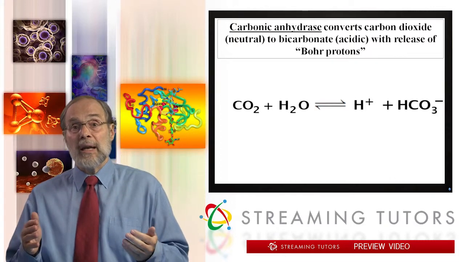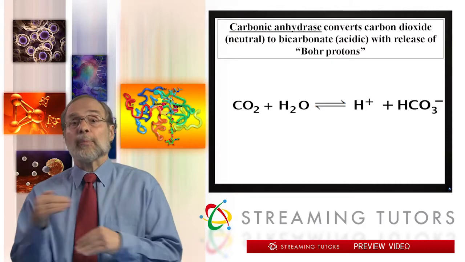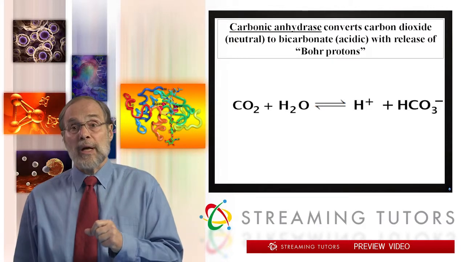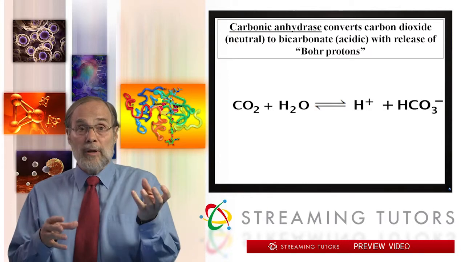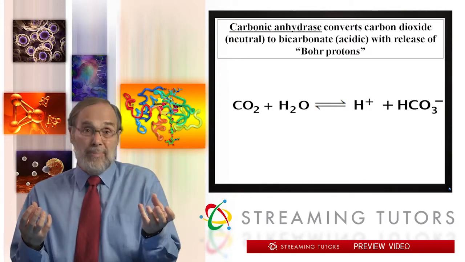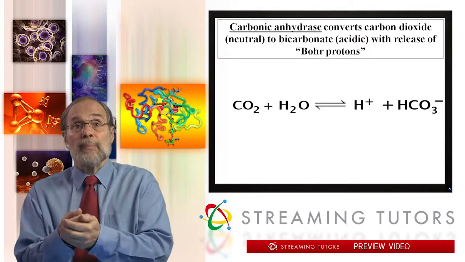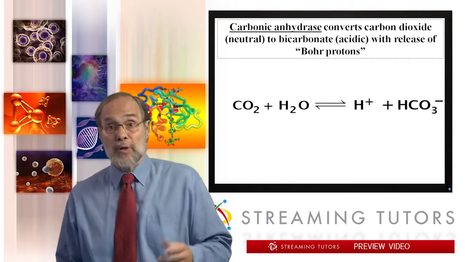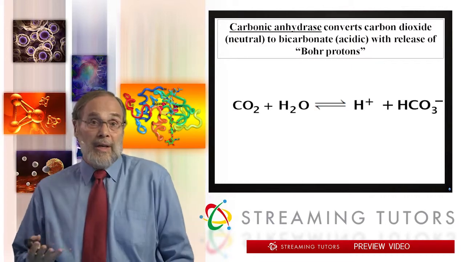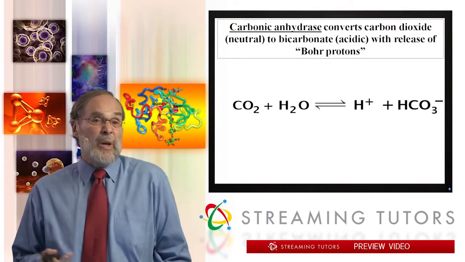So what carbonic anhydrase does is cause rapid equilibration between CO2 and water on the one hand and the acidic bicarbonate ion on the other. So you take one CO2, one water, both neutral molecules, combine them to make bicarbonate, releasing a hydrogen ion. You've turned two neutral molecules into an acid.